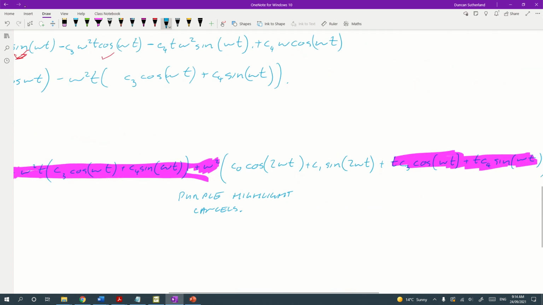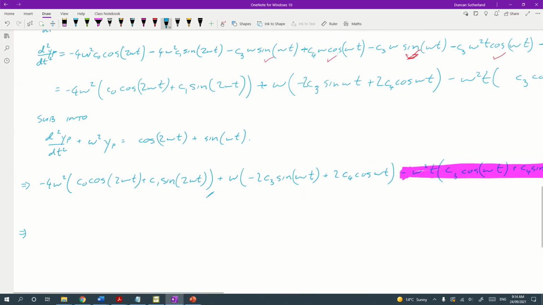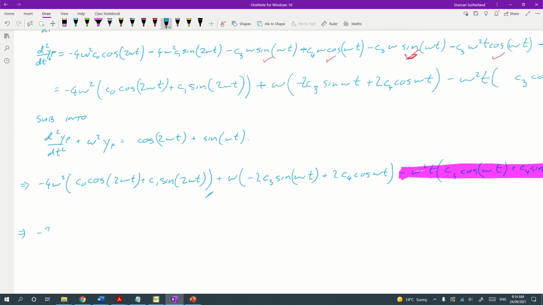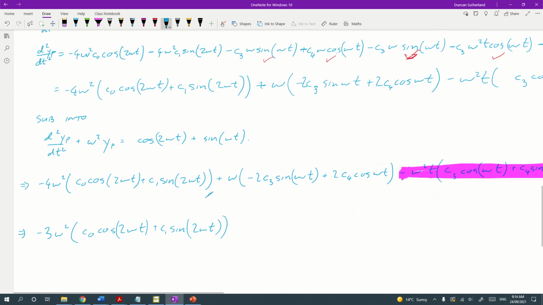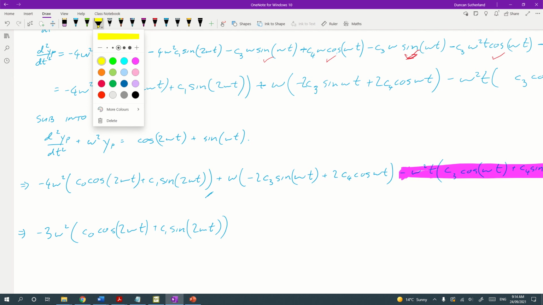Here we've got a plus omega squared, all the sine cos with the 2 omega frequencies. So that's going to give us a minus 3 omega squared into c naught cos 2 omega t plus c1 sine 2 omega t.